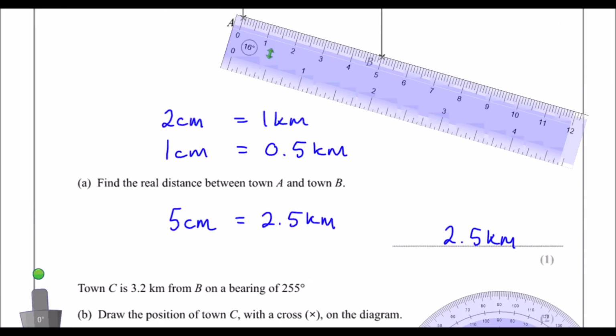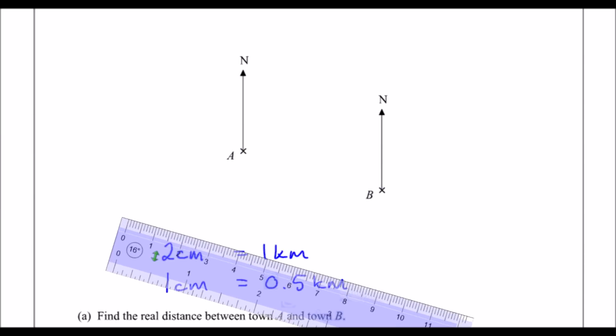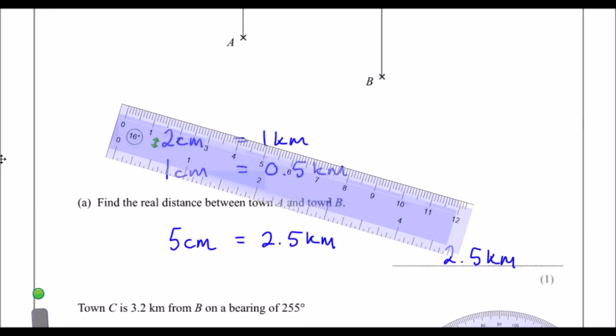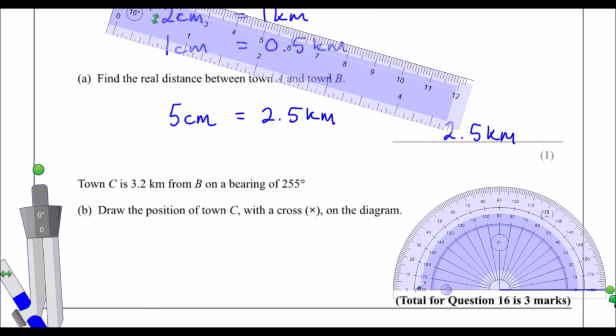So a bearing is measured from the north line and clockwise. So from B, it's around 255 degrees. Now our protractor only goes up to 180. So what we'll do, instead of measuring this angle around here, which is the 255, we can measure the angle in here.